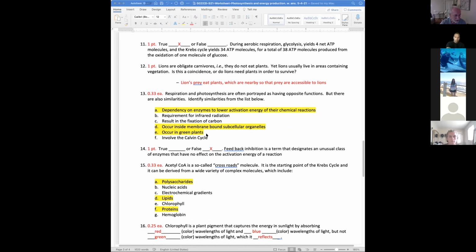Most of you did not get the third one, occur in green plants. And that's an important point because you have to remember that plants respire too. Not only are they green, not only do they make food, they use food. And they use the food that they themselves make. So both of these processes occur in green plants.